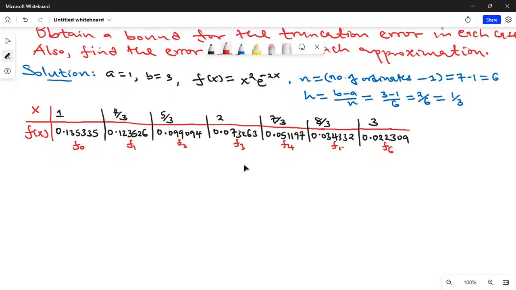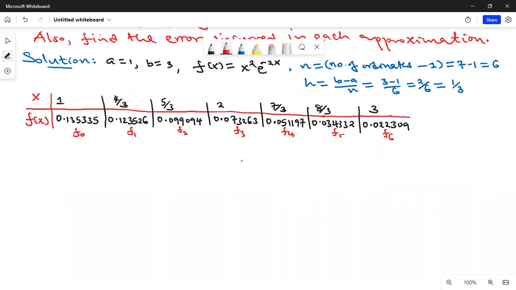Let's start with part A using the trapezoidal rule. Here we want to use the composite trapezoidal rule.